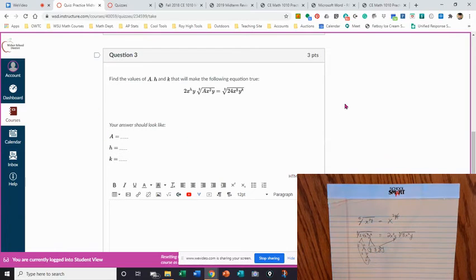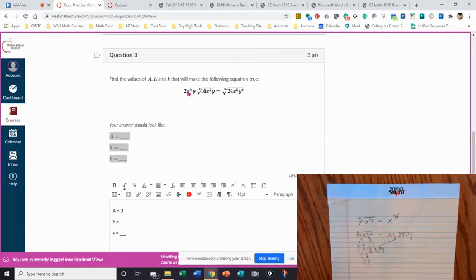So in other words, I'm just going to copy this down here. A is equal to 8, right? Because that would be right. No, not 8, 3. A is 3. H is equal to, where's the H?